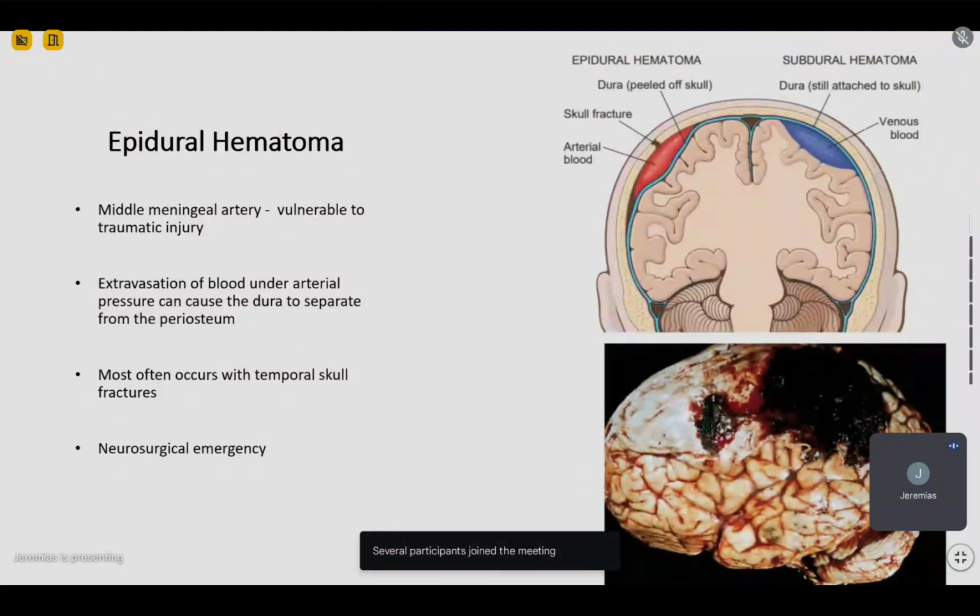So once these arteries have been torn, there's extravasation of blood under arterial pressure that can cause the dura to separate from the periosteum. So the blood accumulates in that part.